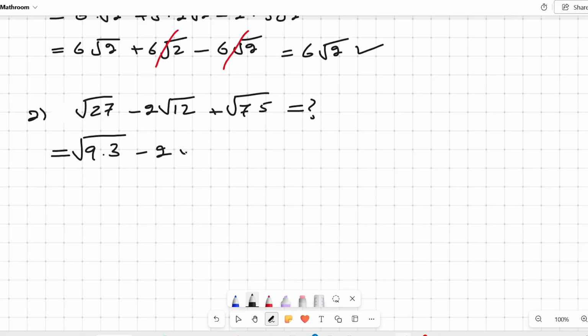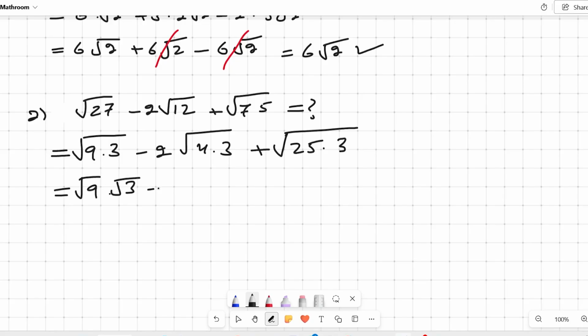Minus 2 times the square root of 4 times 3, plus, instead of 75, I can write 25 times 3. Equal, okay, the square root of 9 times the square root of 3, minus 2 times the square root of 4 times the square root of 3, plus the square root of 25 times the square root of 3.